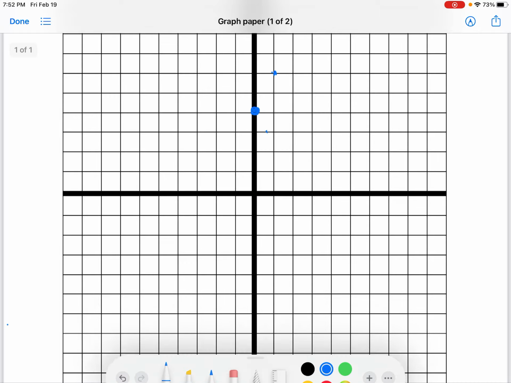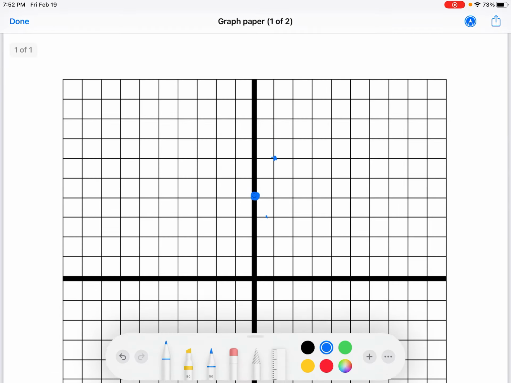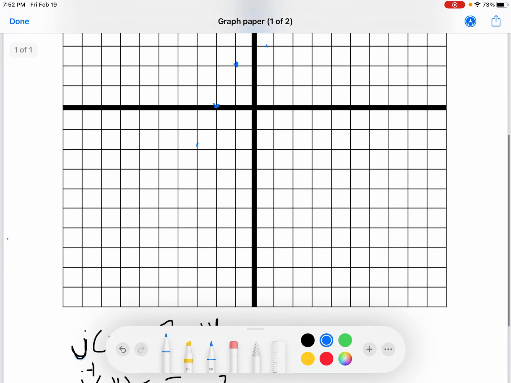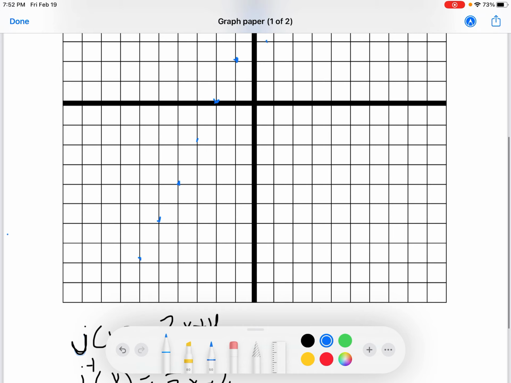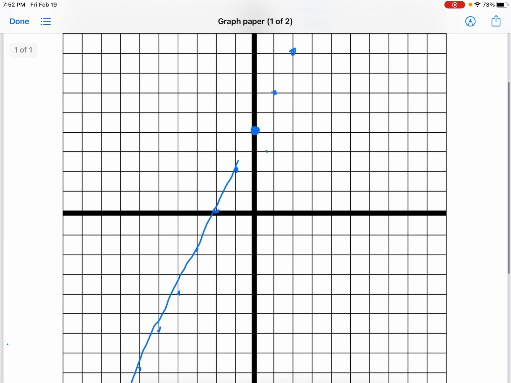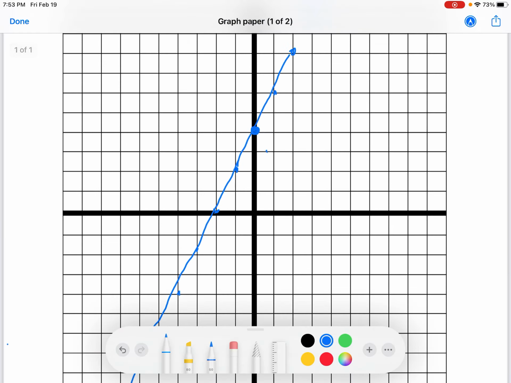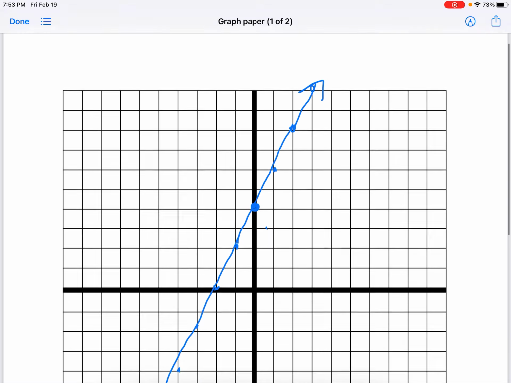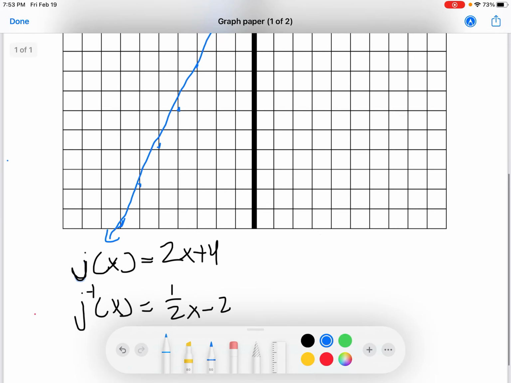There's a point there, another point here, and so on. So now let's connect this thing, and add the other arrowhead. So that is function j of x.